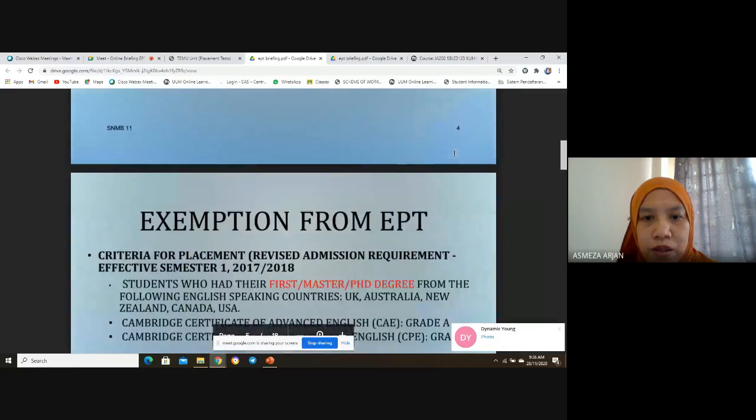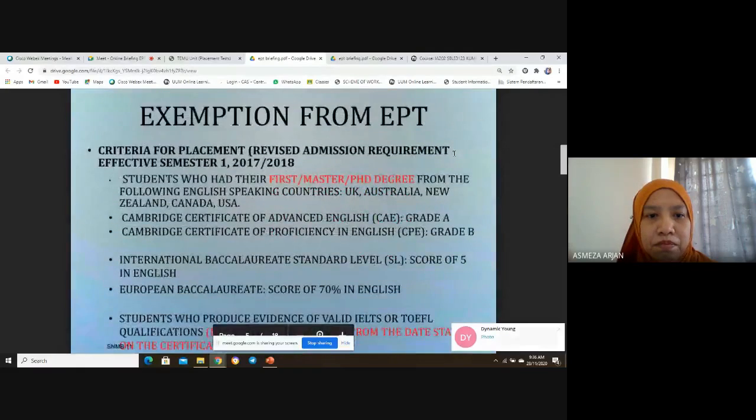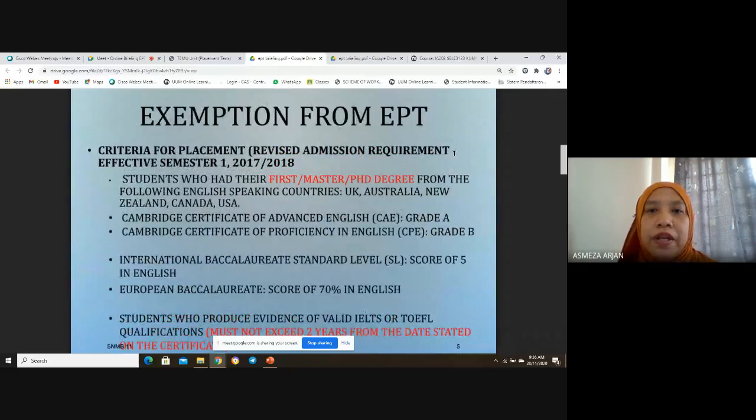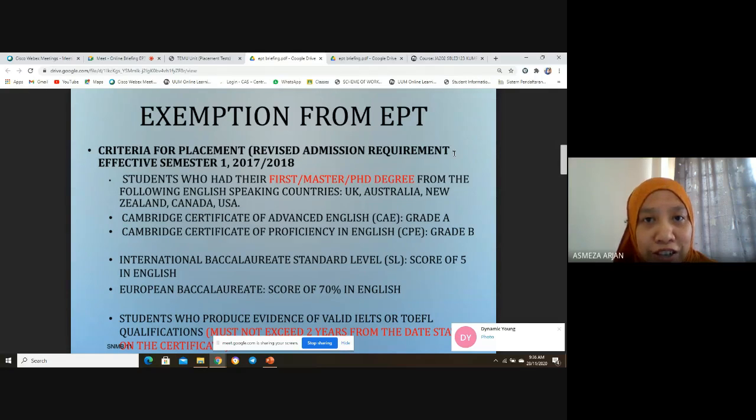So this is the exemption from EPT, the criteria for placement. If any of you have had your first degree, master's degree or PhD from the following English speaking countries, which I think none of you have, because you haven't had your first degree yet, right?